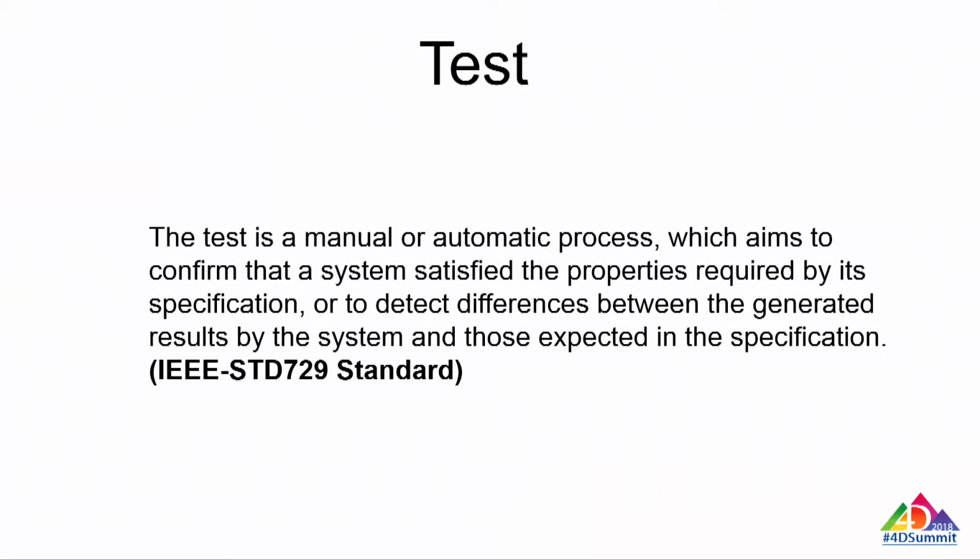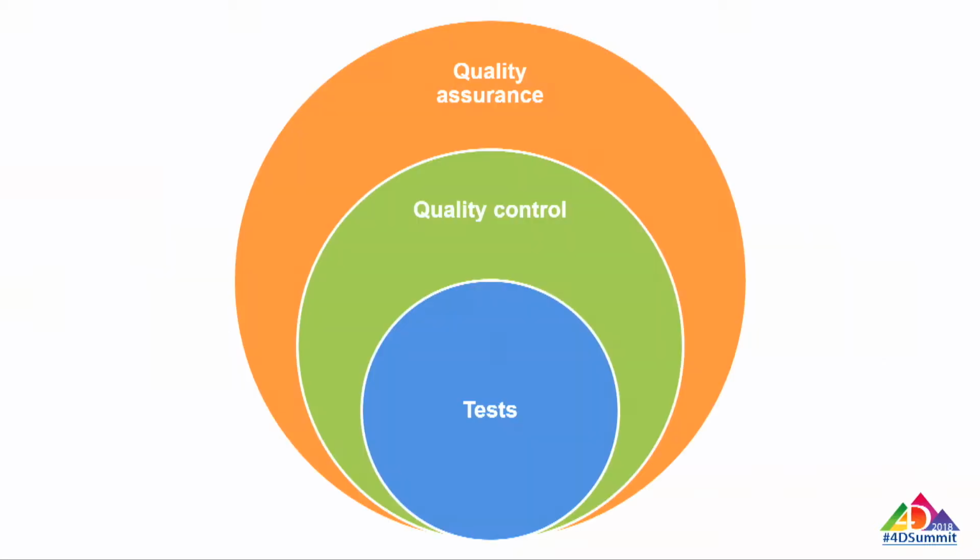And according to the same reference, testing is a manual or automatic process to check and validate a given property in the product. And quality control is a set of tests to validate all the product properties and the whole product. In this schema, you can see the relation between quality assurance, quality control, and tests.